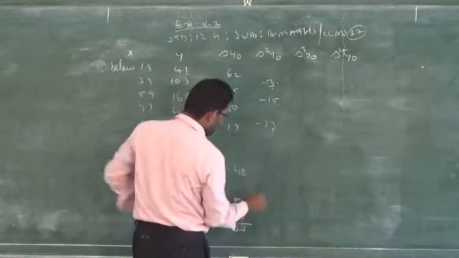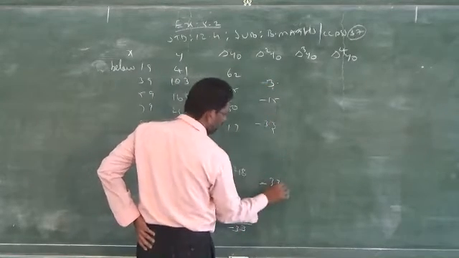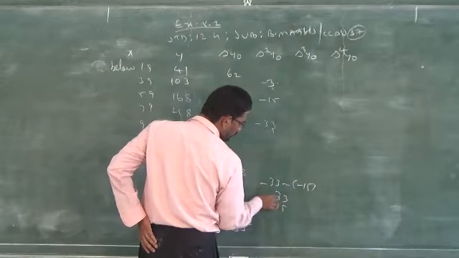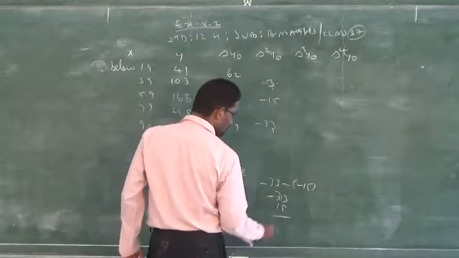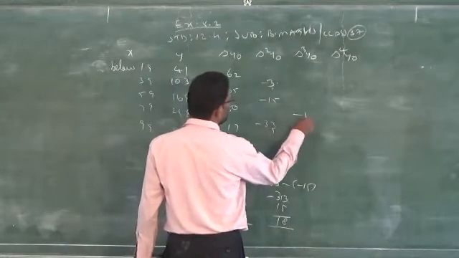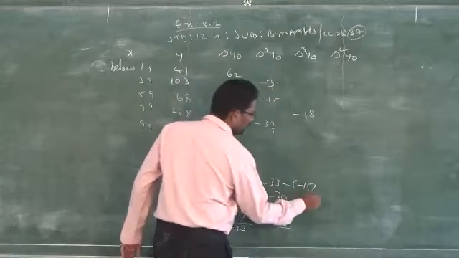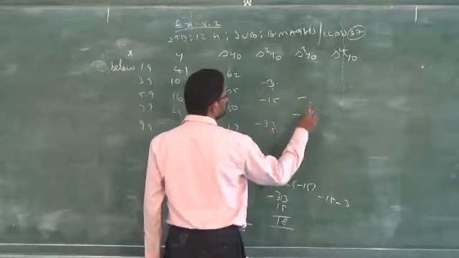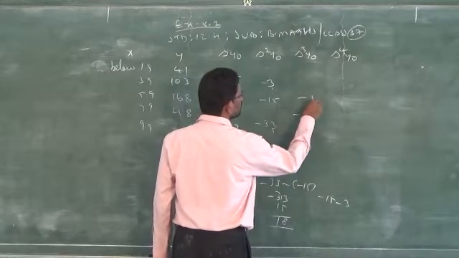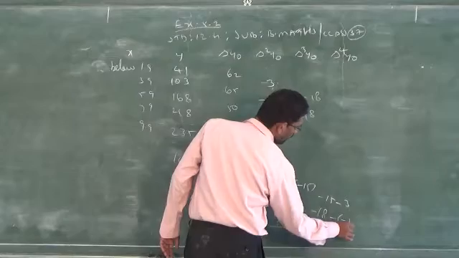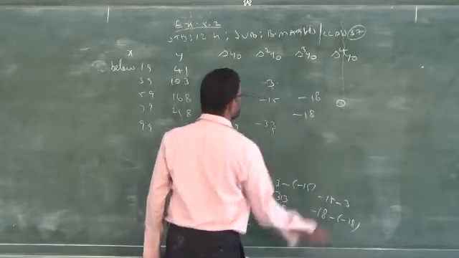Clear? Then again, minus 33 minus of minus 15, that is minus 33 plus 15, which is minus 18. Then minus 15 minus 3 is minus 18. Then minus 18 minus of minus 18 will give you 0.